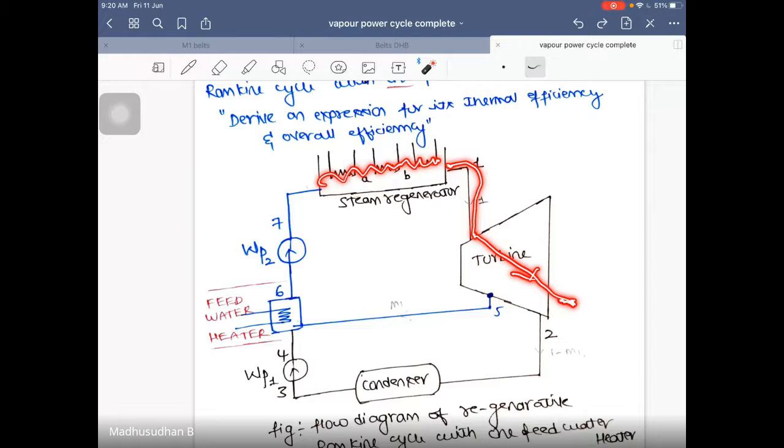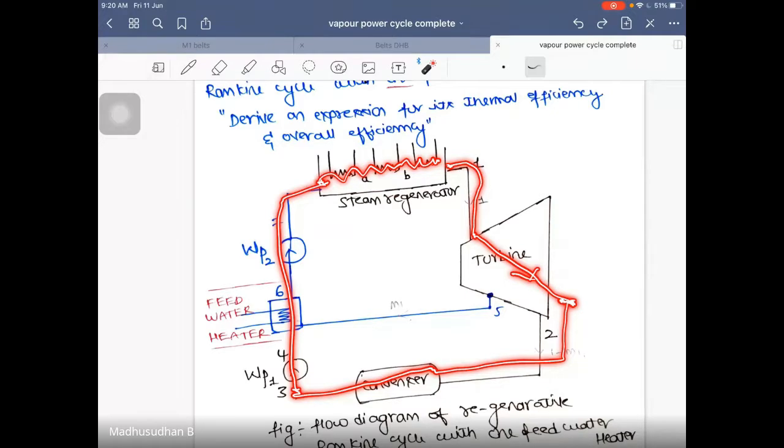After expansion, it is sent to the condenser where it will convert back into water. Then that would be pumped back to the boiler. So this is what was happening in a normal Rankine cycle.